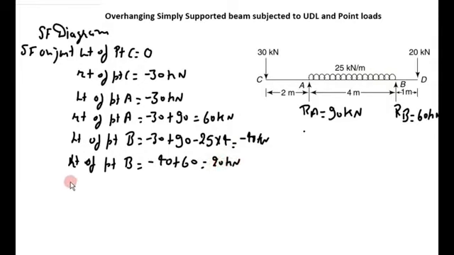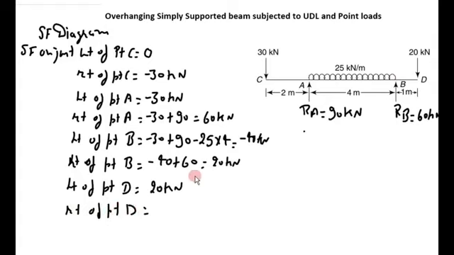The last point is D. Just left of point D, again 20 kilonewton. Then just right of point D, sum up all leftward forces: 20 up to just left, and just right, include the minus 20. So net becomes 0. Now we have to plot all these values on a reference line.